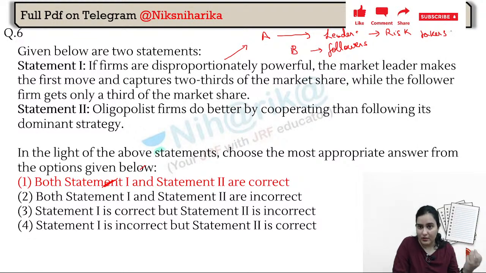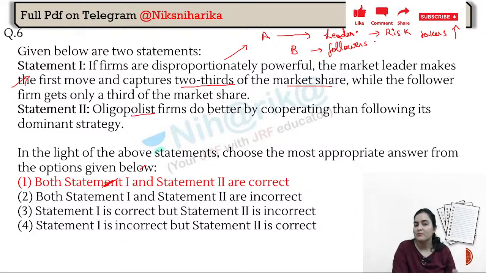If they take more risk, then they will grab more and more reward and more profit. So they will capture more and more market share. What's wrong in that? It's fair. The followers should not get so much market share as compared to the leader. Otherwise, what's the point in being the leader? What's the benefit in being the leader, just by taking risks? No, we need rewards too. That's why this statement is perfectly right.